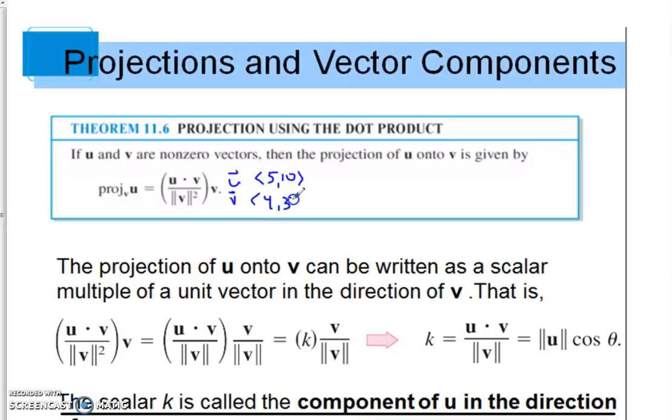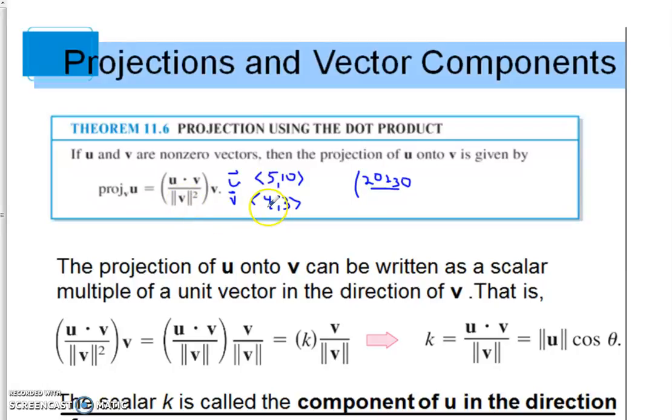If we do this, let's go ahead and do the math now, this projection. We'd get the dot product. U dot v is 5 times 4 is 20, plus 10 times 3 is 30. We add those together, divided by the norm of v.